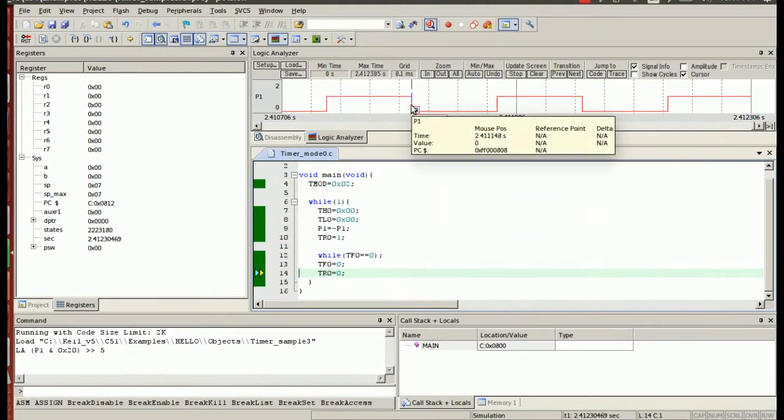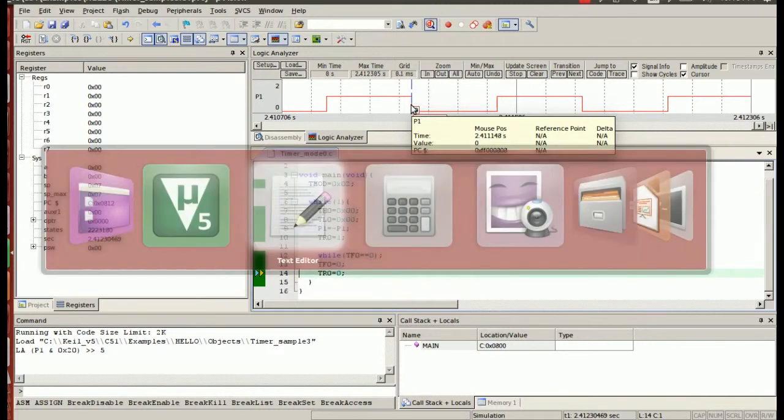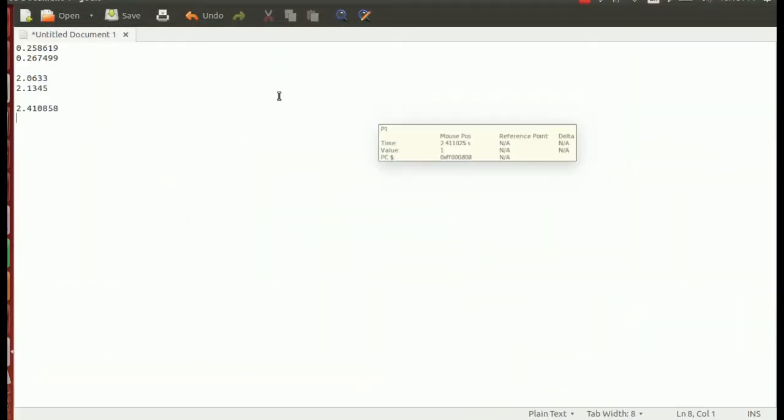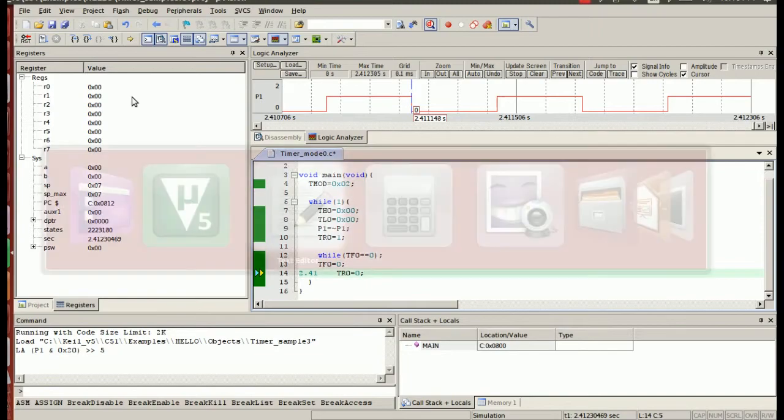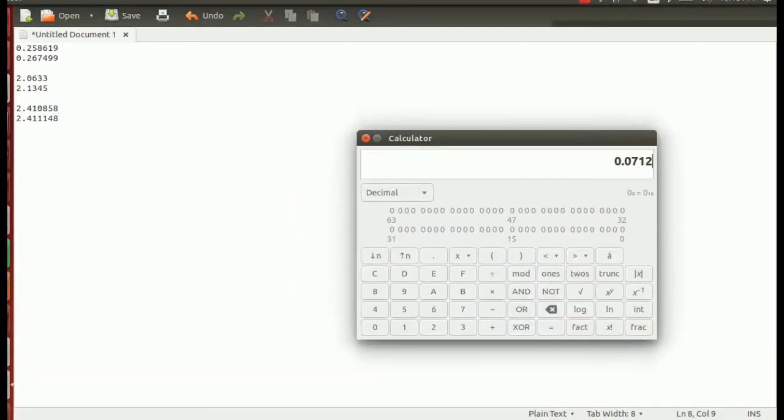Now the transition happens from high to low at 2.41148 seconds.